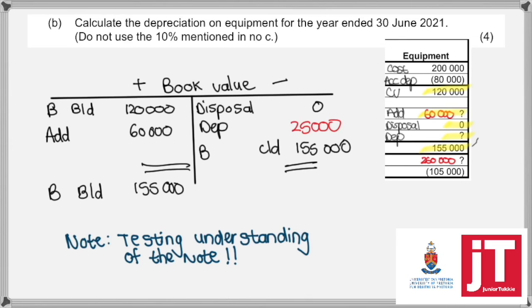This is a method for later on when we're doing cash flow statement, looking specifically at the investing activity. This is one way of knowing what was the proceeds and what was the additions, the purchase of non-current assets.